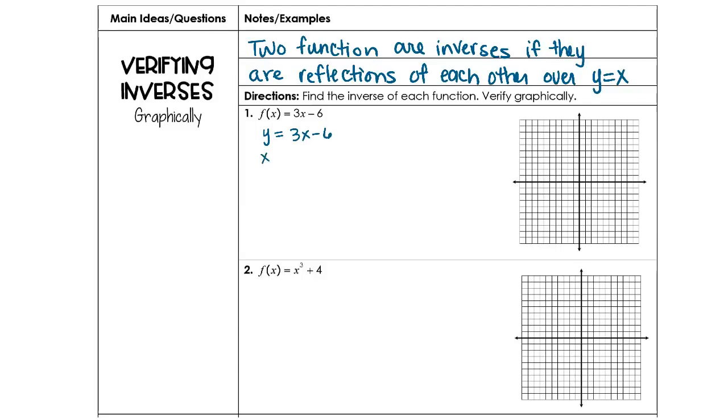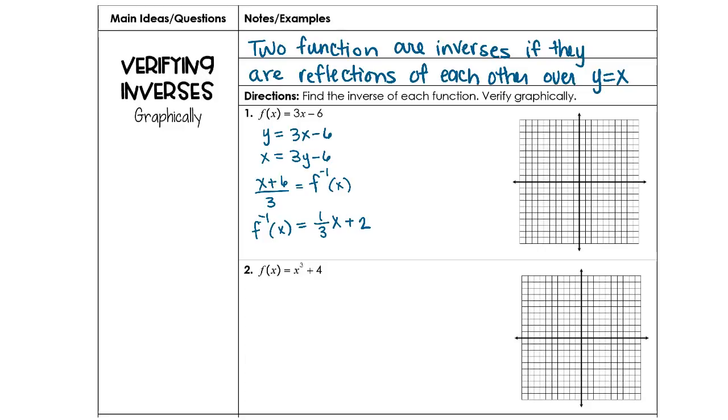We're going to exchange places with x and y again. We're going to solve for y. And so this is going to be our inverse. Now, whenever we're graphing this, though, this looks kind of weird. So let's get this in that y equals mx plus b form. So when we divide this up, that's really going to be 1/3 x plus, and then 6/3 is 2.